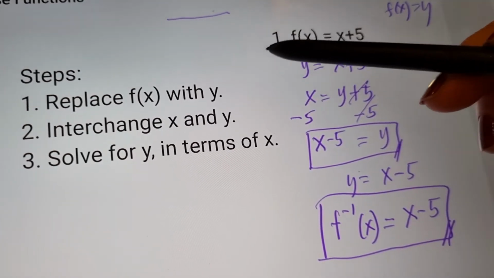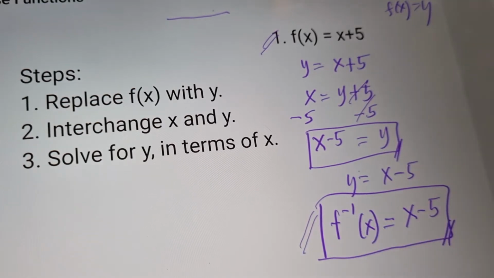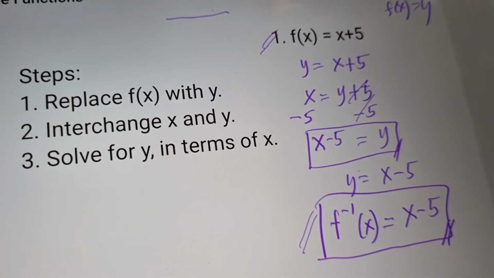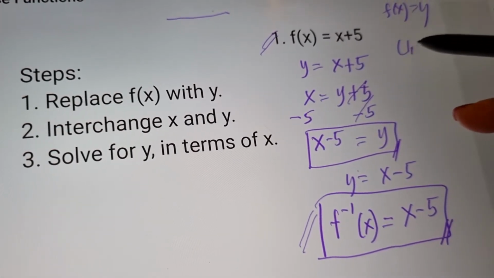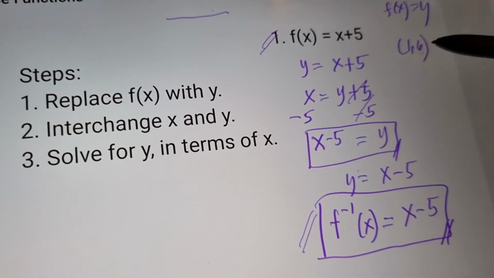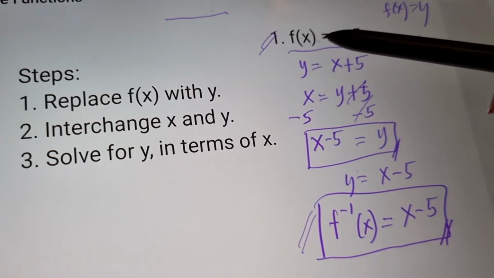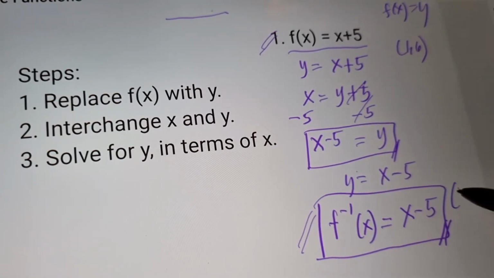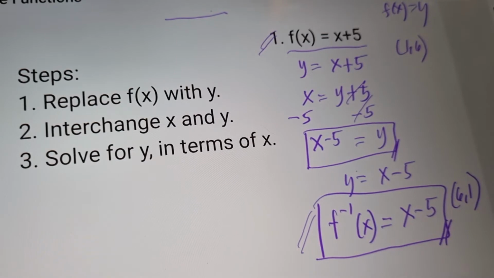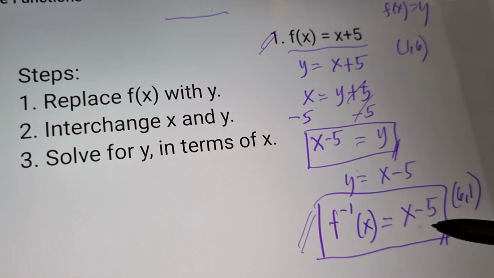Now, did you know that if you're going to graph these two functions, the original and the inverse, they are just mirror images? Which means that if you have a point, let's say 1, 6, is on the graph of f of x is equal to x plus 5, and here we have 6, 1. So what have you noticed? 6, 1 is on the graph of x minus 5.